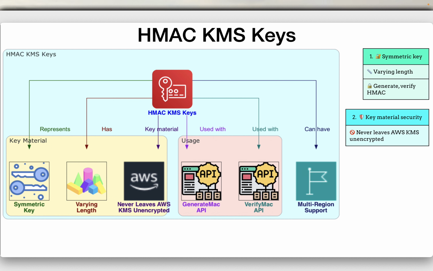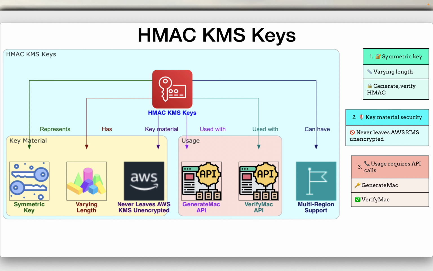The key material for an HMAC key never leaves AWS KMS unencrypted. To use an HMAC key, call the generate MAC or verify MAC API operations. You can also create multi-region HMAC KMS keys.